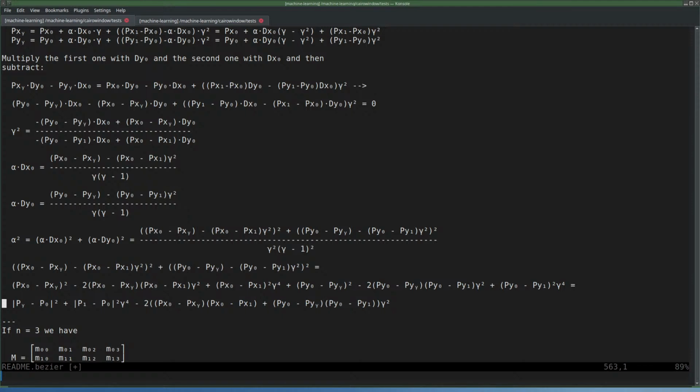So, we already have these, right? So gamma minus p0, that's a vector.